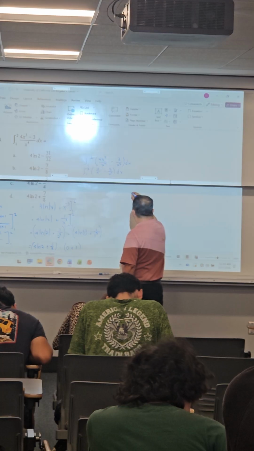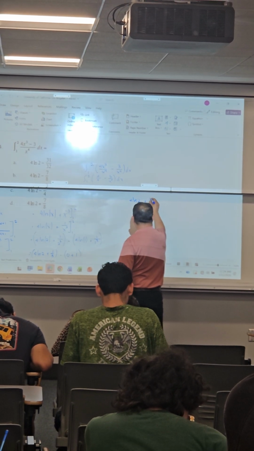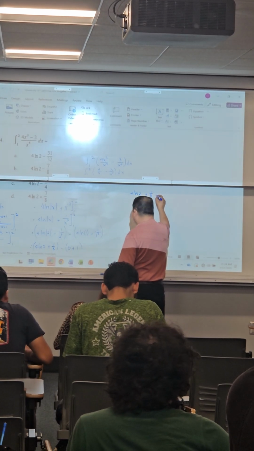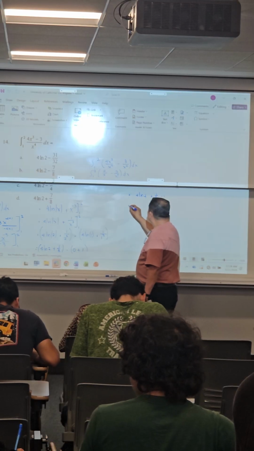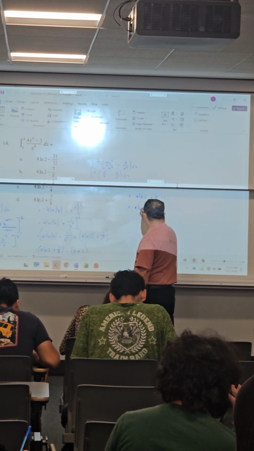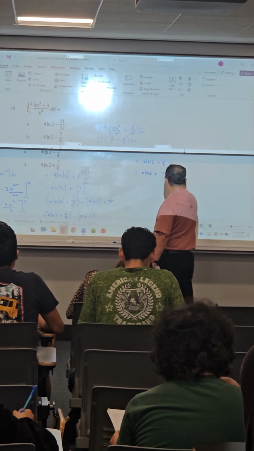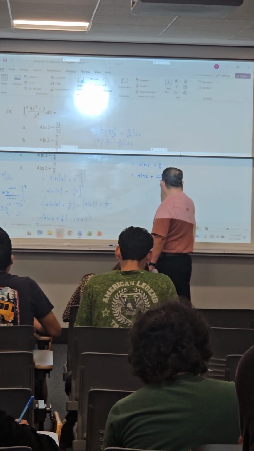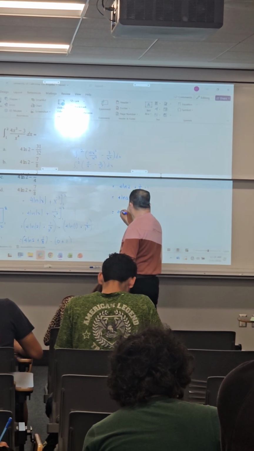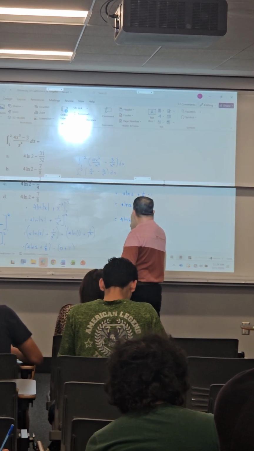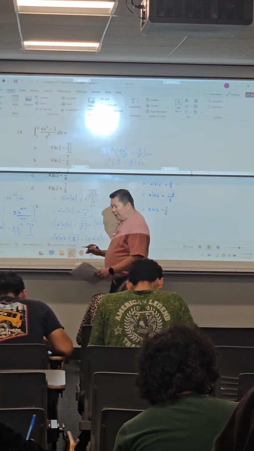So we now have 4 ln 2 plus 1 over 8, and then minus 1. So we have 4 ln 2, cross multiply. This means 1 minus 8 over 8. And then finally we have 4 ln 2 and then minus 7 over 8. That's the final answer.